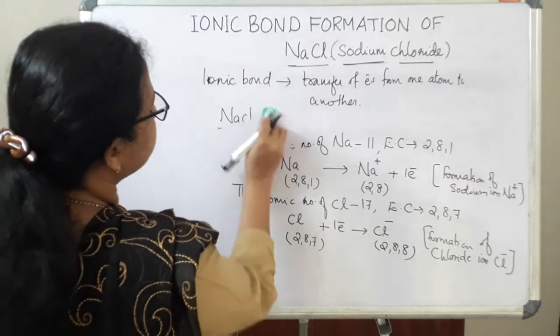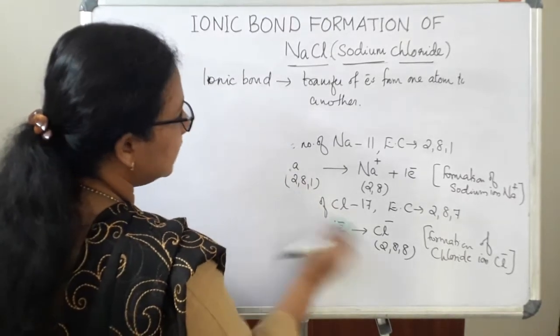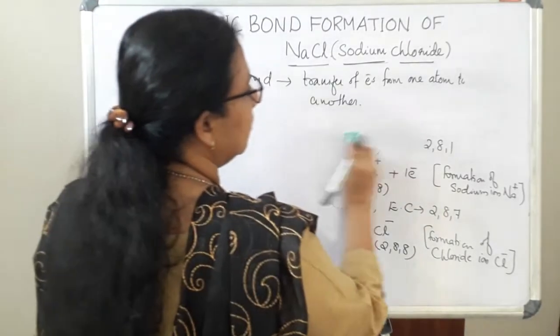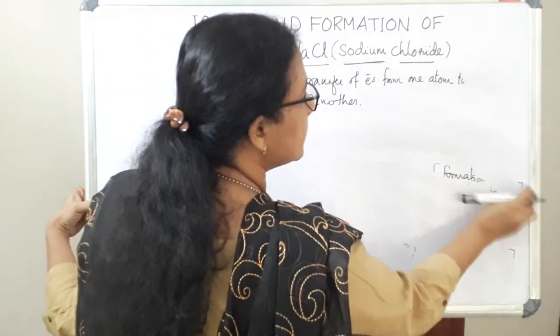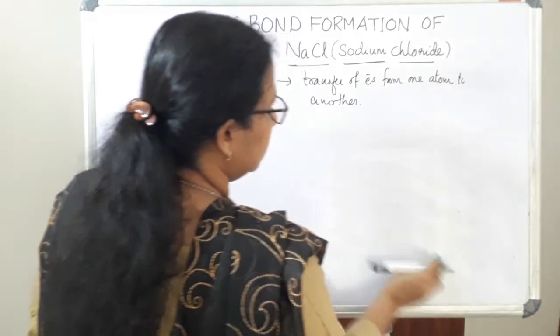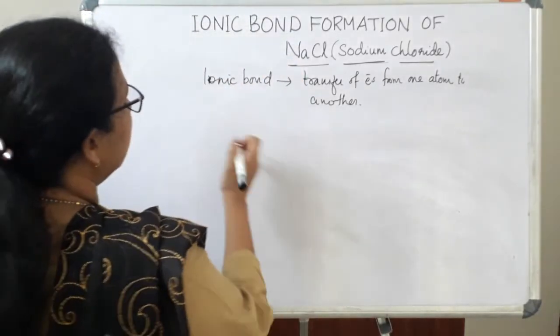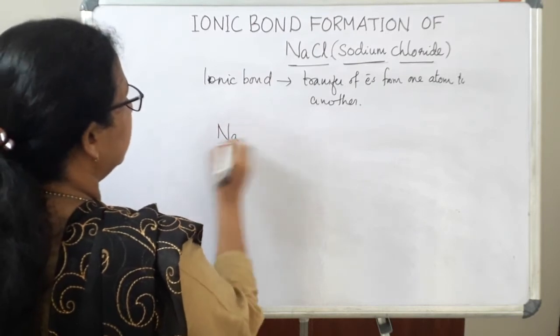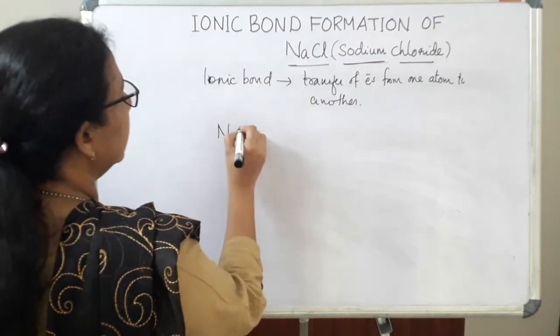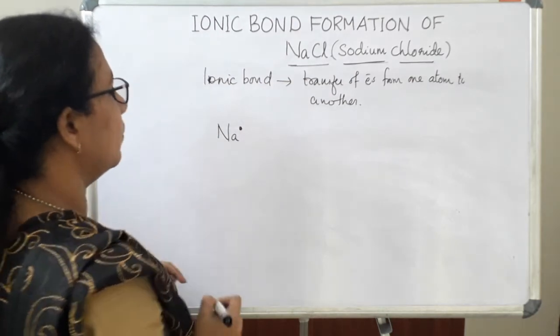Now let us draw the electron dot structure, to see how the electron transfer takes place in this case. We will draw the electron dot structure of sodium.